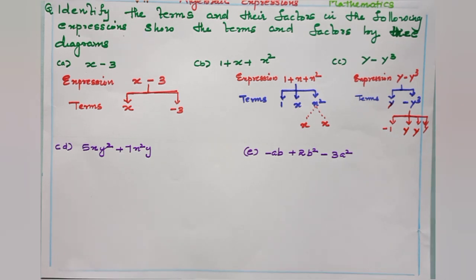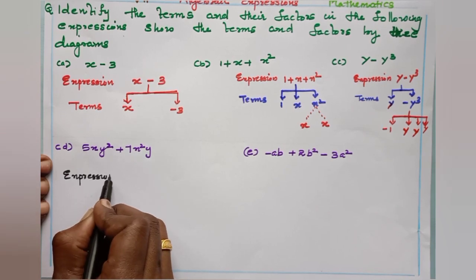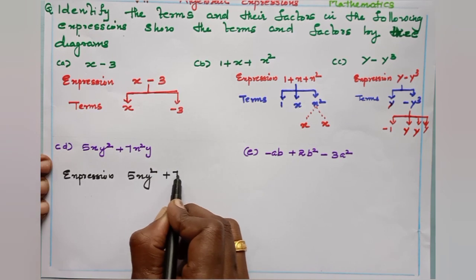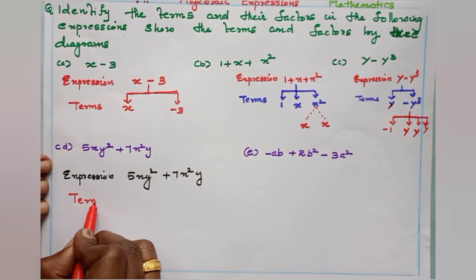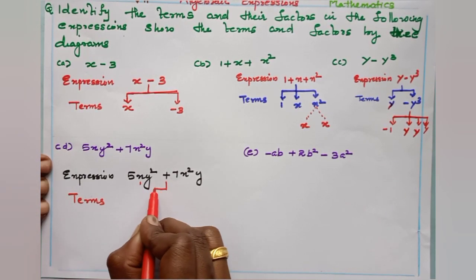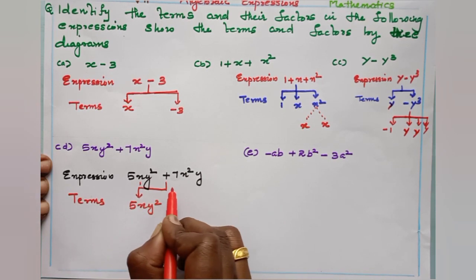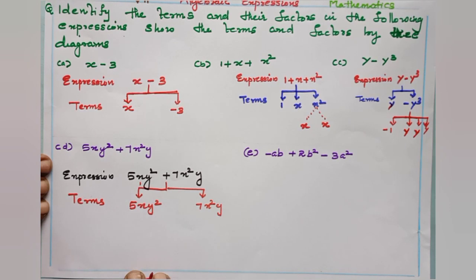Then the next expression is 5xy square plus 7x square y. Then the terms are two terms here. The first is 5xy square. The second is 7x square y.